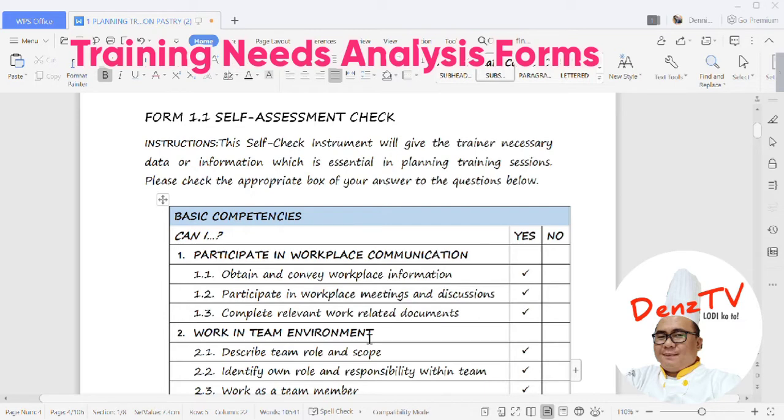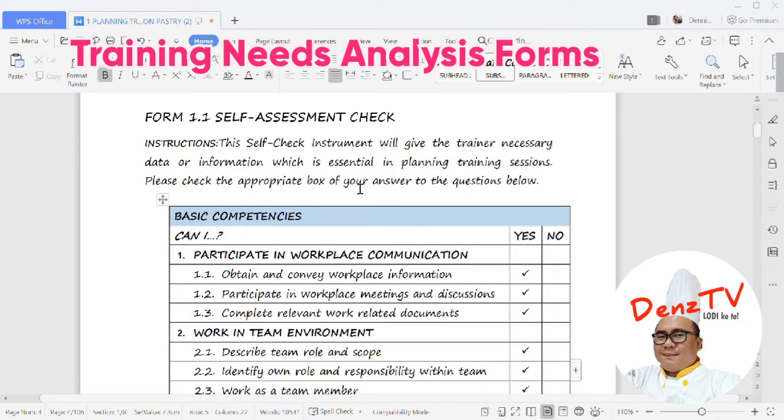For this job sheet, you are to prepare training needs analysis forms. You need to make 4 training needs analysis forms. First is the self-assessment check.